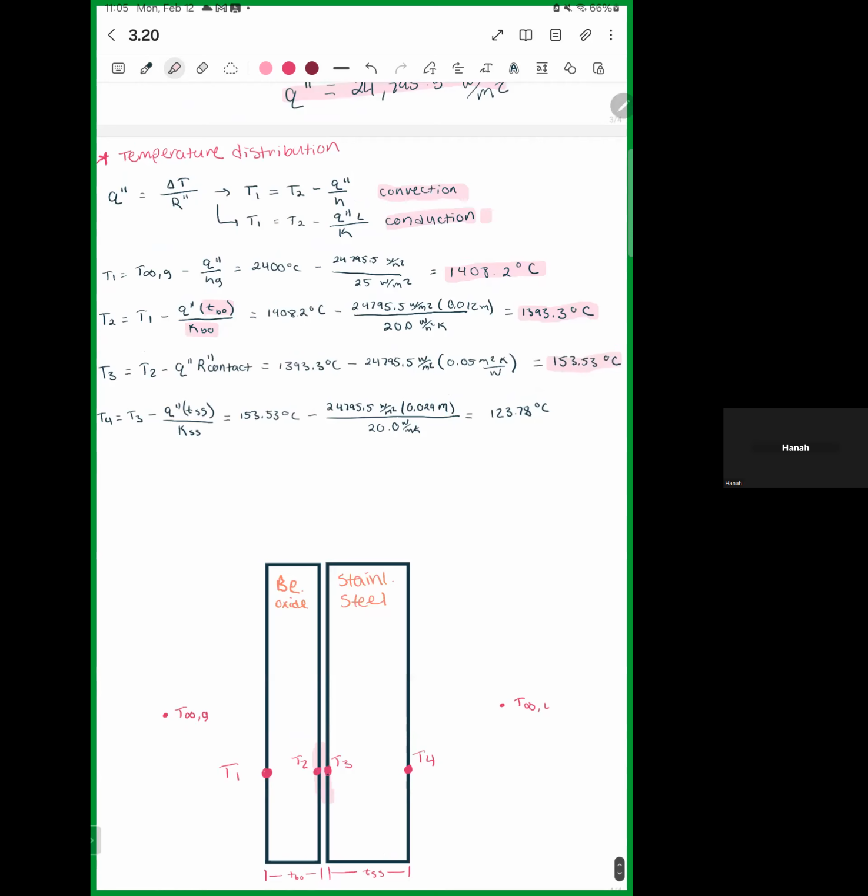And then for T4, it's another conduction example. So we have T4 equals T3 minus Q double prime times the thickness of the stainless steel over the thermal conductivity of the stainless steel. And plugging those numbers in, you get 123.78 degrees Celsius for your final answer for T4.